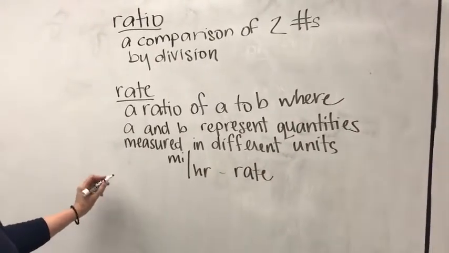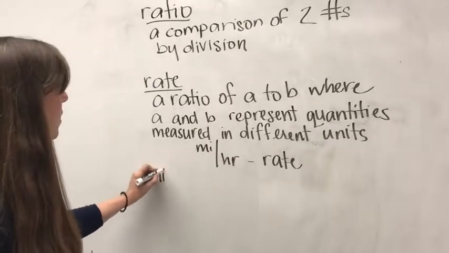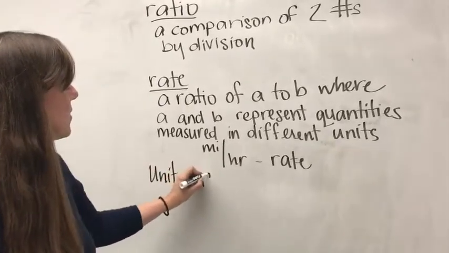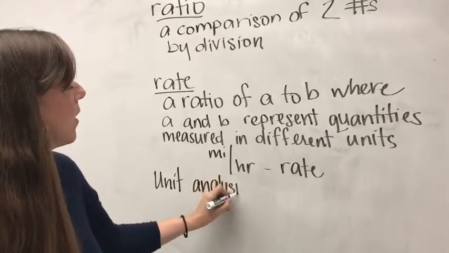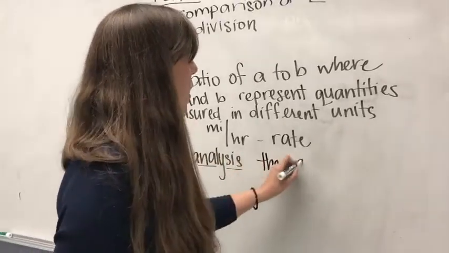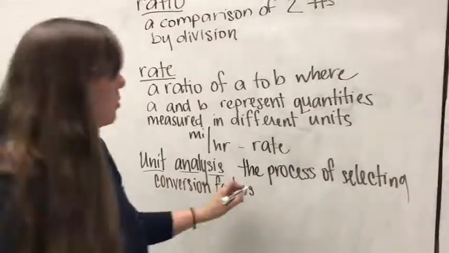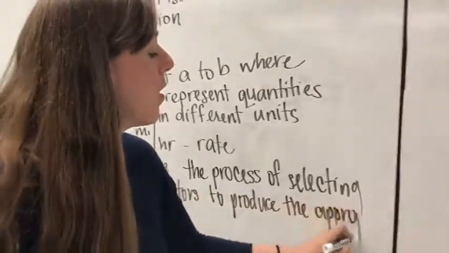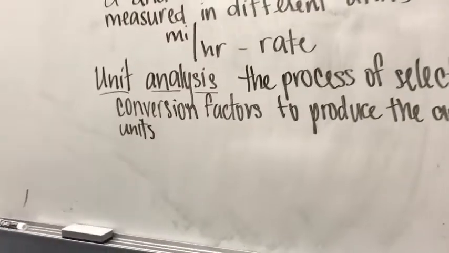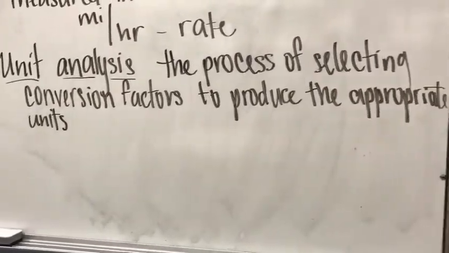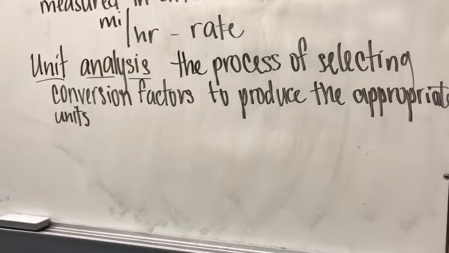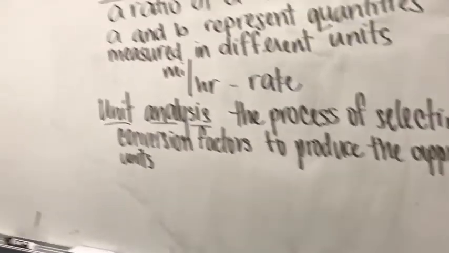Okay, next vocabulary word is unit analysis. Unit analysis is the process of selecting conversion factors to produce the appropriate units. Okay, awesome. Unit analysis, the process of selecting conversion factors to produce the appropriate units.